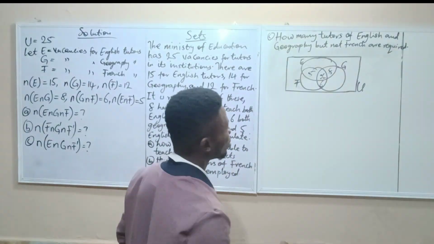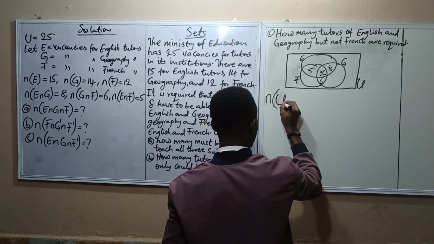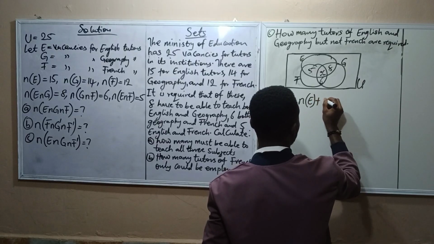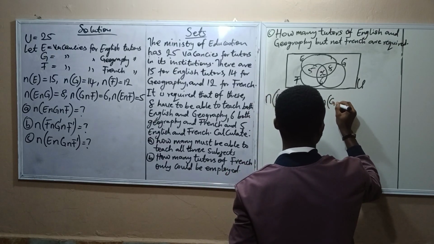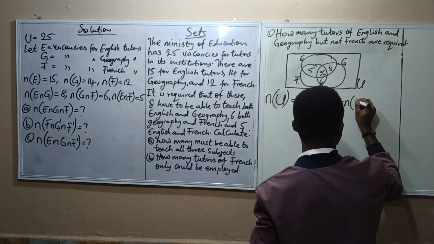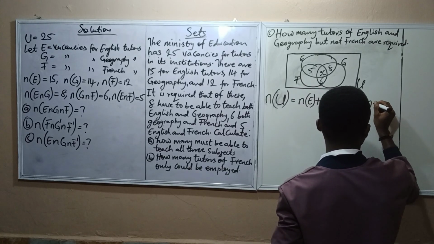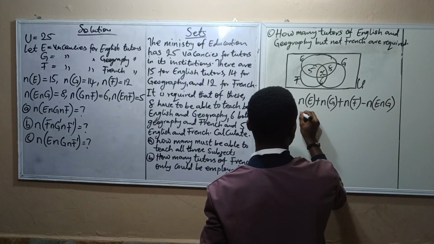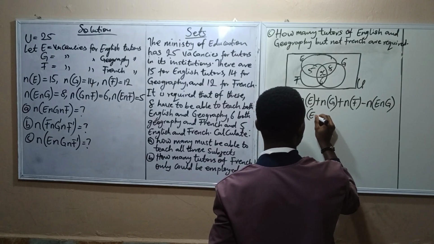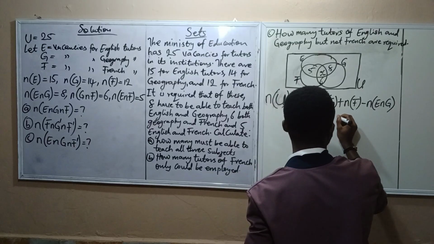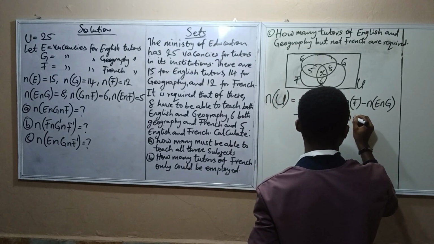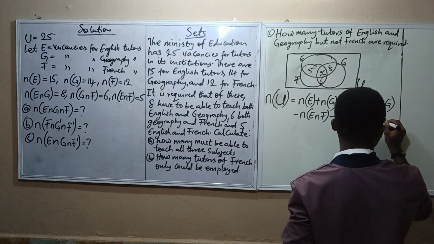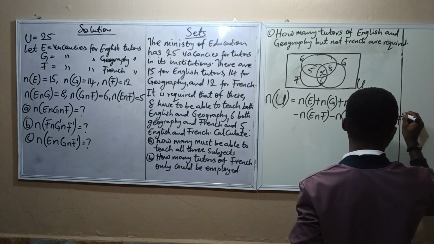Right? Now we know that number of universal set U is equal to number of English plus number of geography plus number of French, minus number of English intersection geography, minus number of English intersection French, minus number of geography intersection French, then plus number of English intersection geography intersection French.